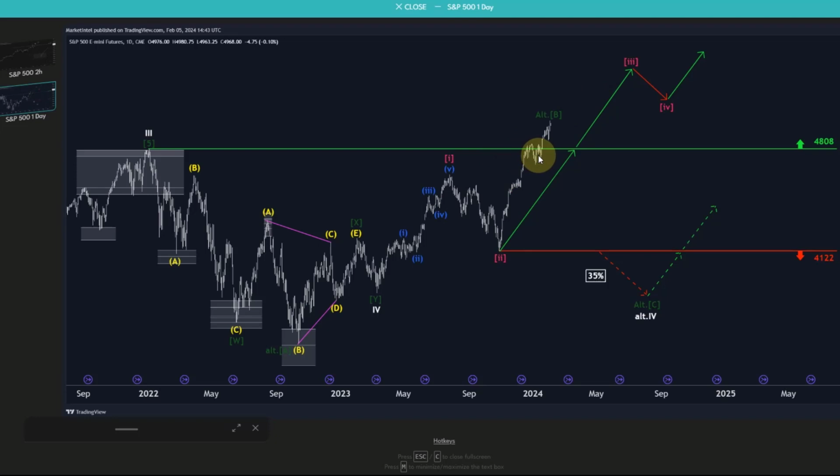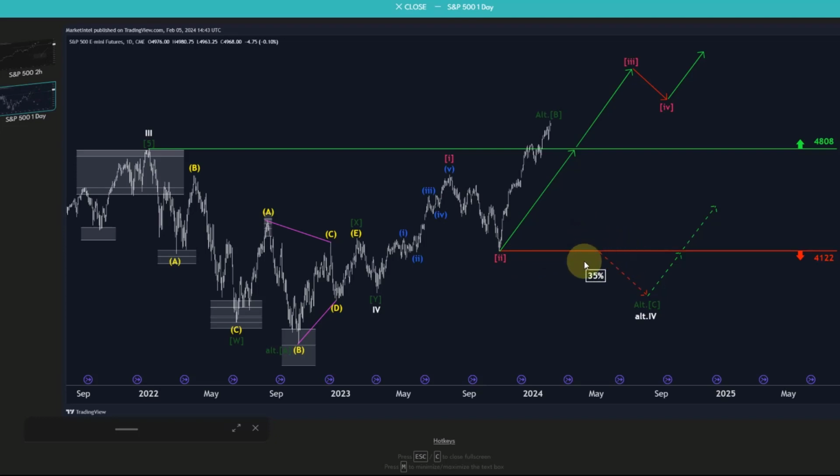In the alternative scenario, if we see a break below 4,122, it would suggest that the fourth wave that likely bottomed and completed early in 2023, that this is still unfolding. That would be the alternative, and the invalidation point for this current scenario is basically a break below 4,122.